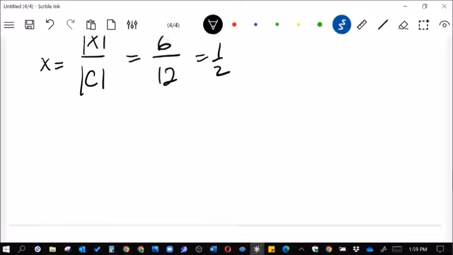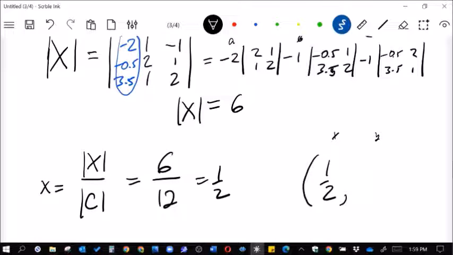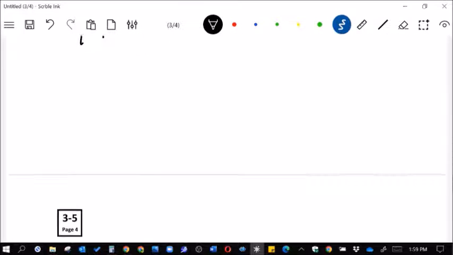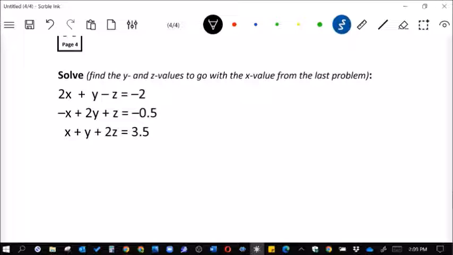So what we have right now, 1/2 of the x. We need to find out what the y and the z are to finish out the three things, the x, y, and z. And to do that, we'll go to the next page. So we're going to find the y and z values. The concept here is going to be the same.